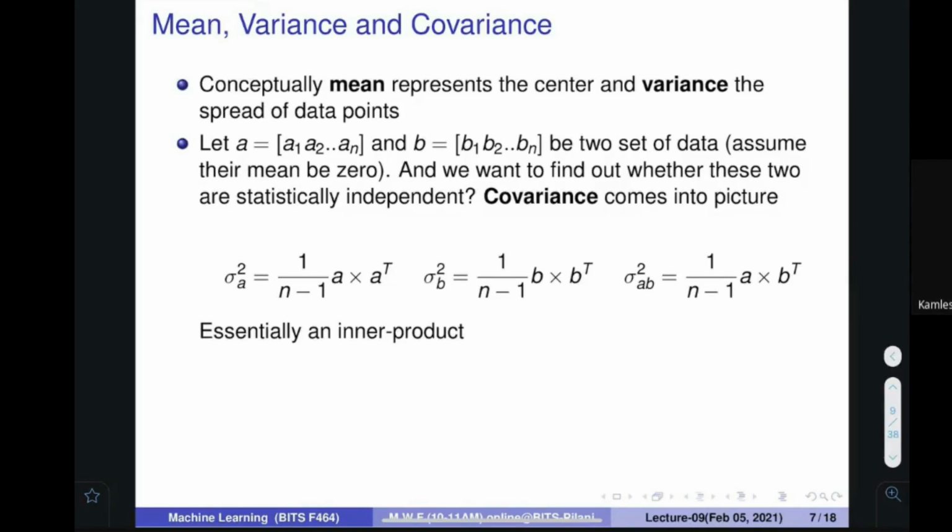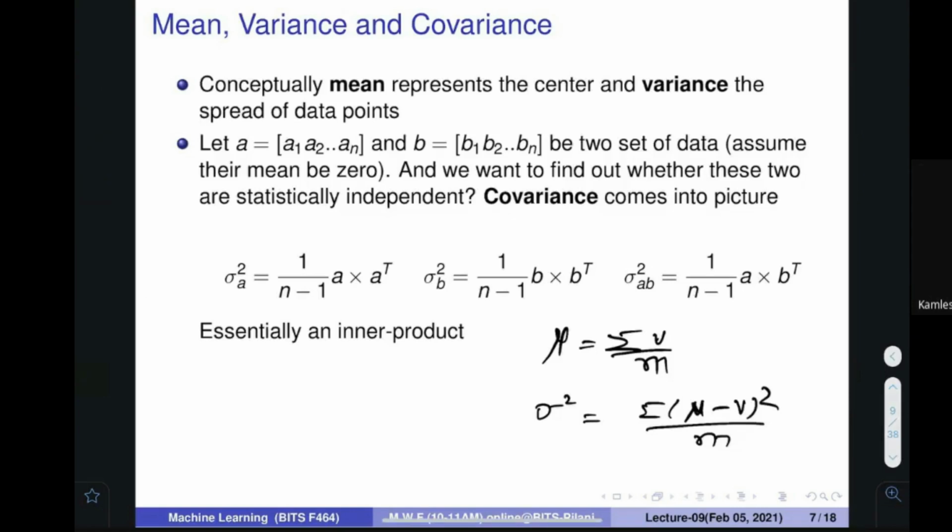The mean is nothing more than the summation of all the values divided by the number of items, and variance is the summation of the squares of all the values minus mu, divided by m. So mean and variance you can find.